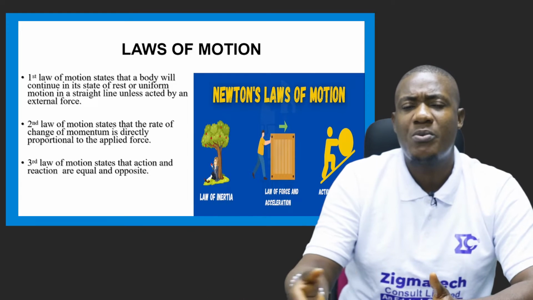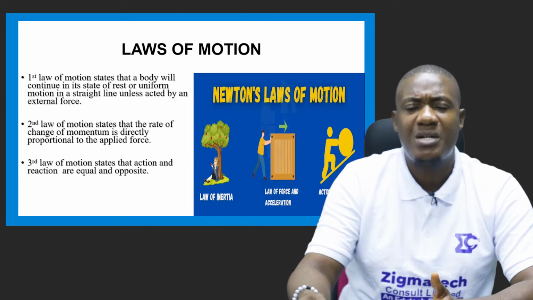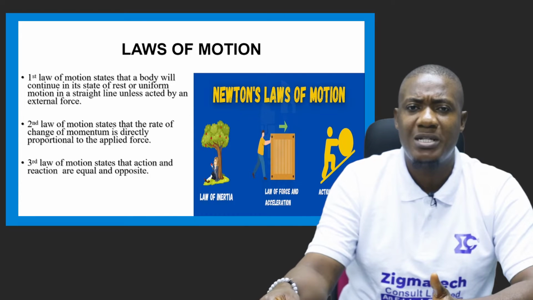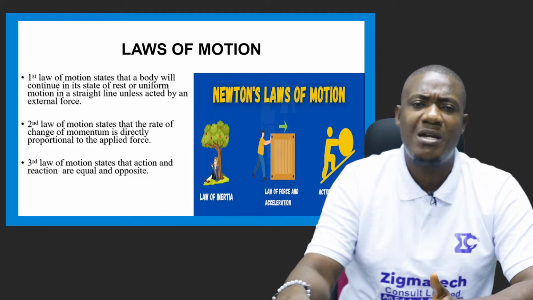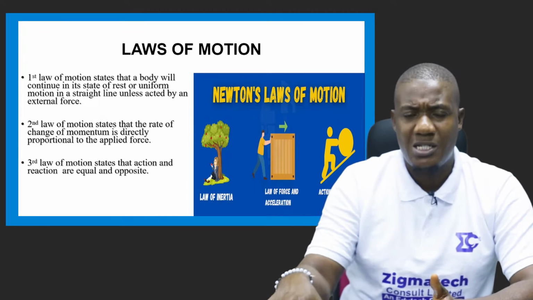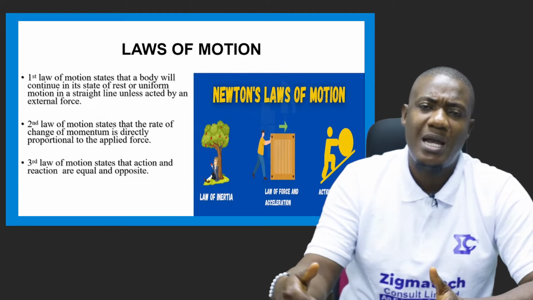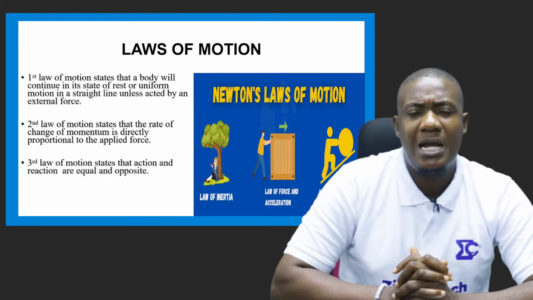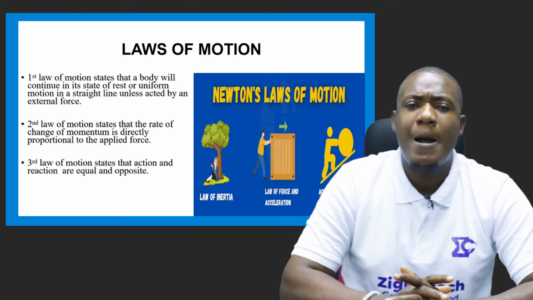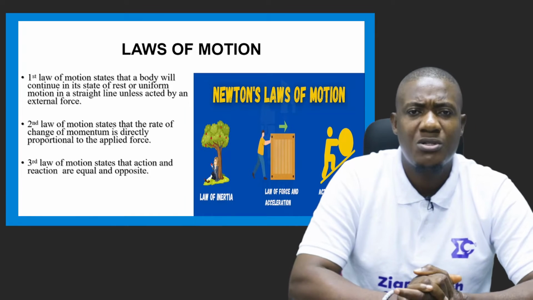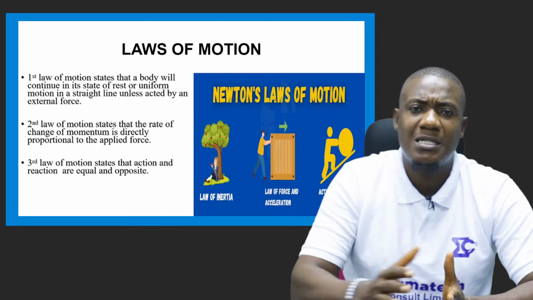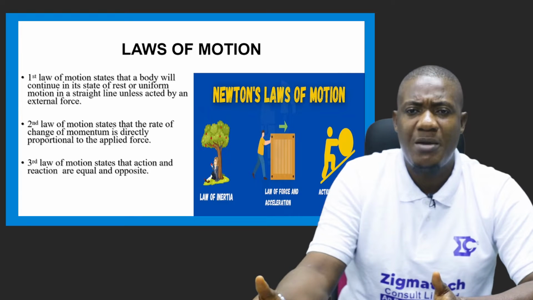When that happens, we'll have m bracket v minus u all over t. But you already know that v minus u all over t is acceleration. That's how that formula came, that force is equal to ma. So we can actually calculate the value of this force by that simple formula, force is equal to ma.